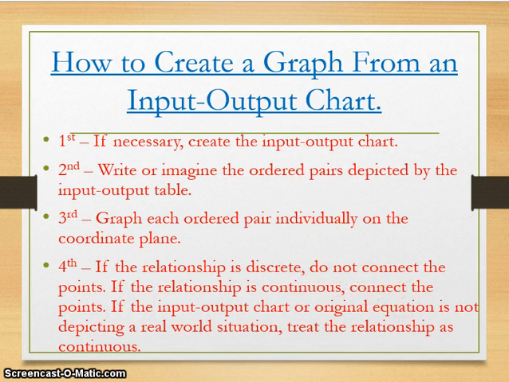If the relationship is discrete, do not connect the points that you've made. If the relationship is continuous, you connect the points. If the input-output chart or original equation is not depicting a real-world situation and you do not know whether it will be discrete or continuous, then treat it as if it is continuous.